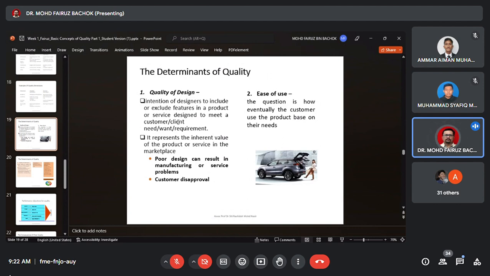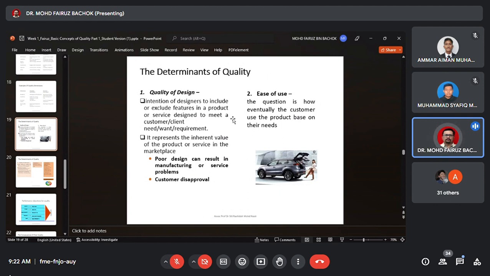If the customer does not approve the design, it means a low volume of sales, which will then affect your profit. That's why one of the criteria is the quality of design. Some products need to have a good design as the main criteria.